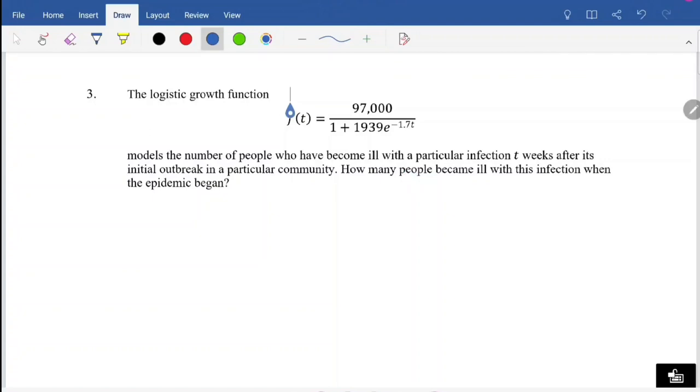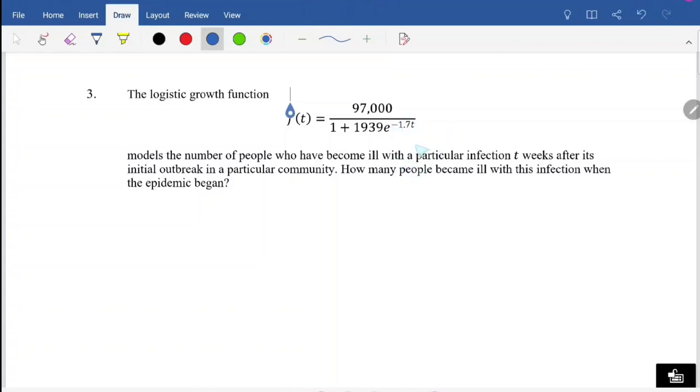At a certain point in time, it was first detected in a particular individual, maybe the first individual who got infected by the illness. From that day, since the first person got infected when the disease was first identified, how many people would get infected after t number of weeks?